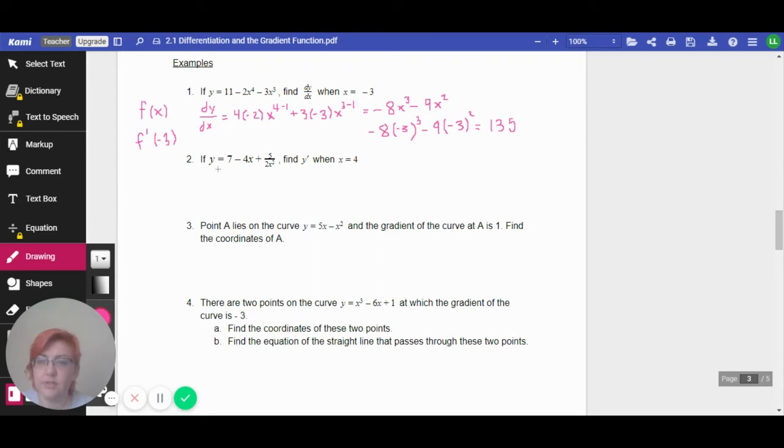Y equals 7 minus 4x plus 5 over 2 times x squared. Find y prime. All right, y prime, f prime of x, dy over dx, they're all asking you for the gradient function.